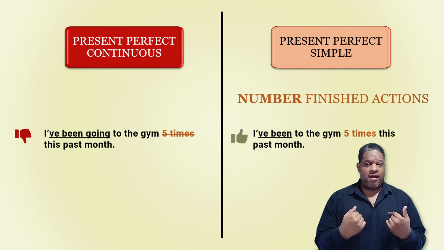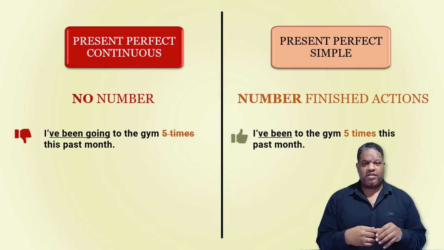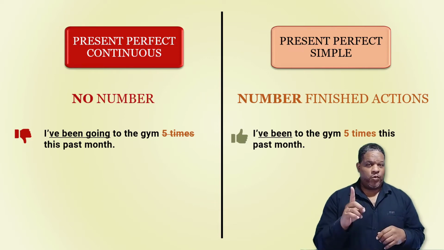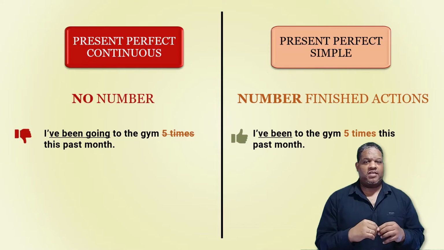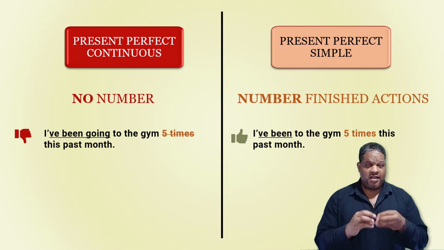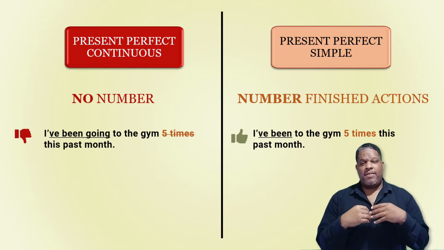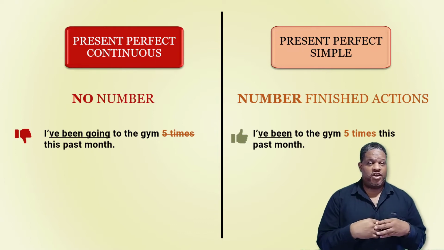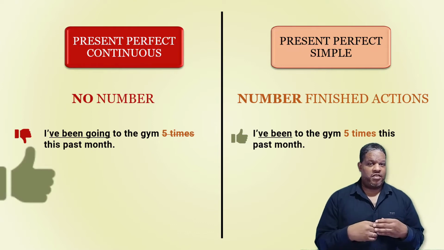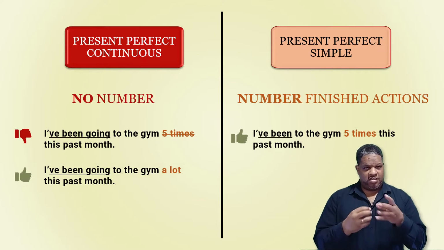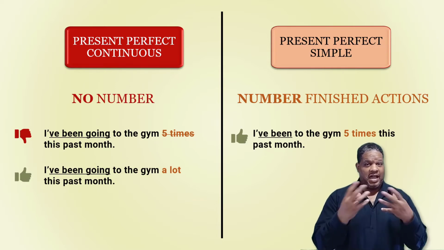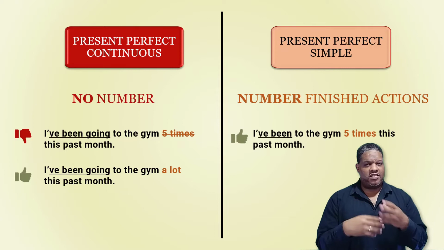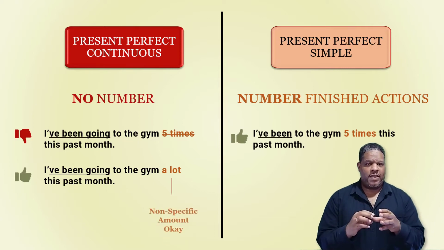So we can't use a number to express the perfect continuous. We can express quantity in a non-specific way. What I mean by that is, if we say, I've been going to the gym a lot this month, that suggests to you a lot. It's the quantity, but in a non-specific way.